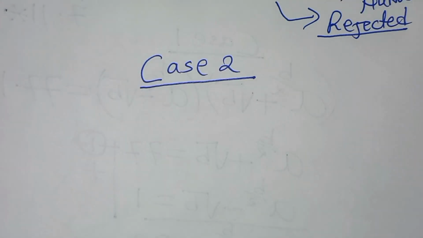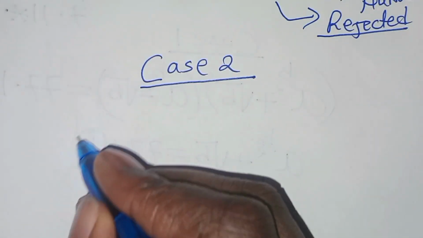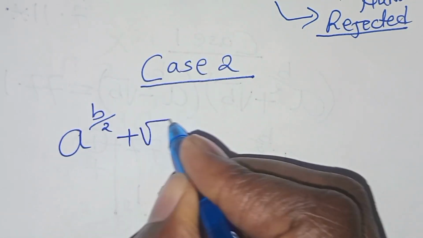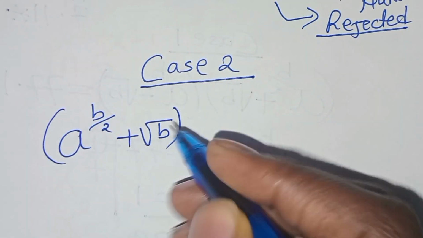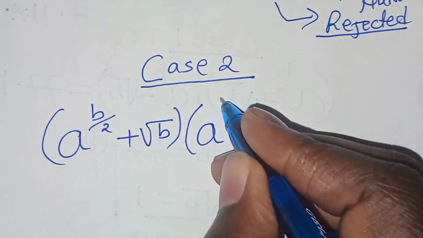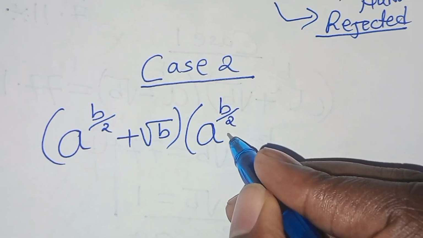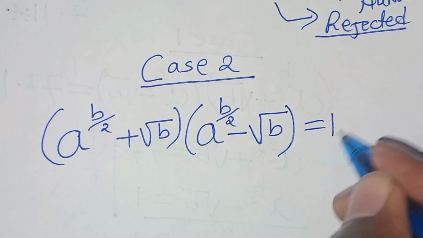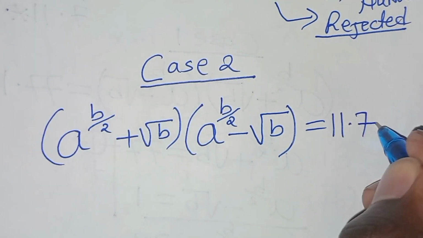Now in case 2, we have a to power b over 2 plus square root of b, multiplied by a to power b over 2 subtract square root of b, and this is equal to 11 times 7.